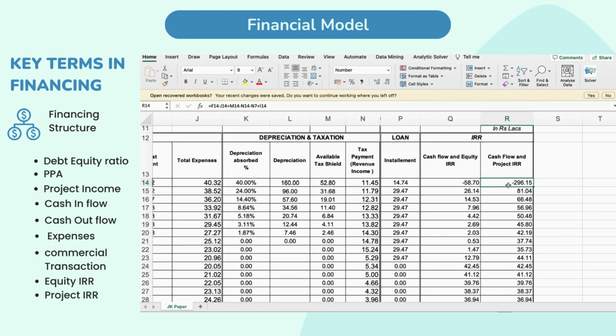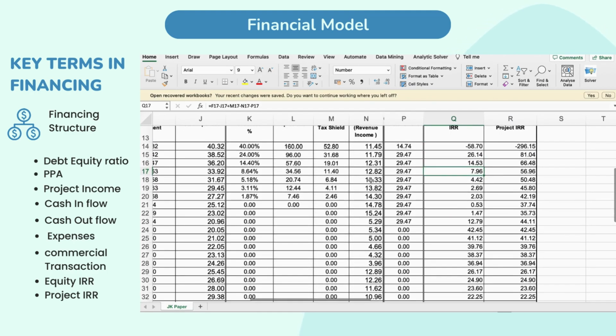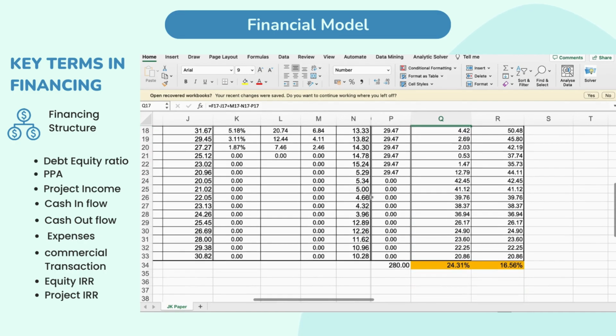When you consider the project IRR, you also consider the cash outflow for repayments as well as interest component. In the equity IRR, you are only considering the cash inflow and cash outflow related to the project expenses only. You do not consider the cash outflow related to the interest payment.